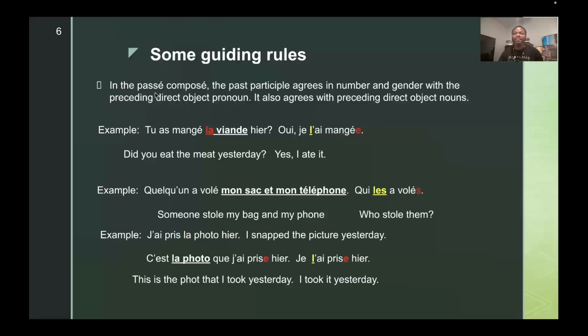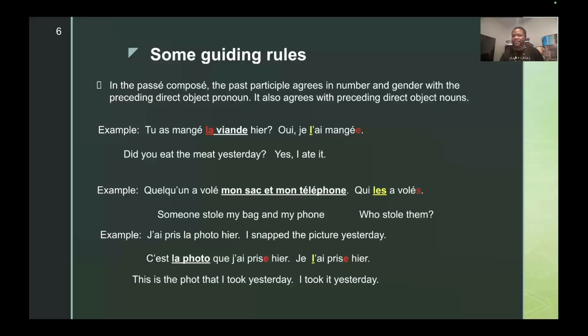Now, in the passé composé, when you want to use these object pronouns, the past participle agrees in number and gender with the preceding direct object. Remember, for you to have a direct object in passé composé, the auxiliary you're using is avoir, because with être, it's a little bit complicated.